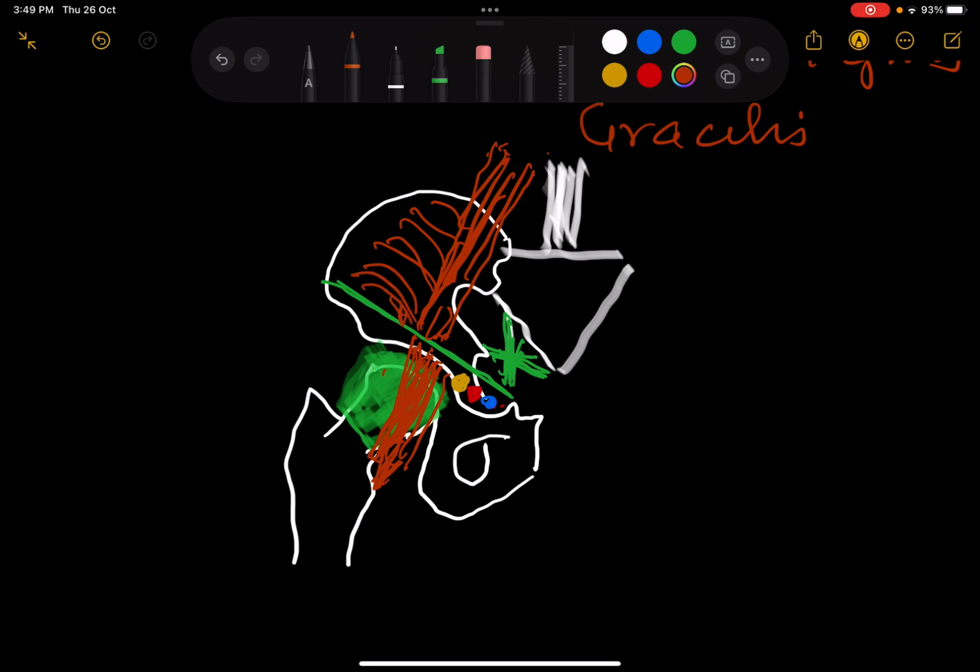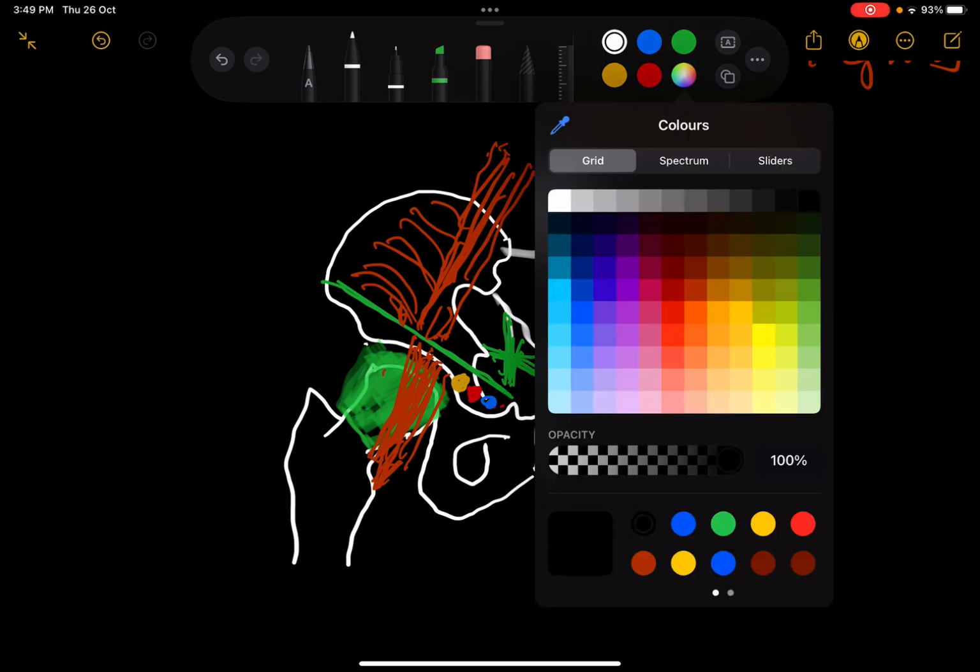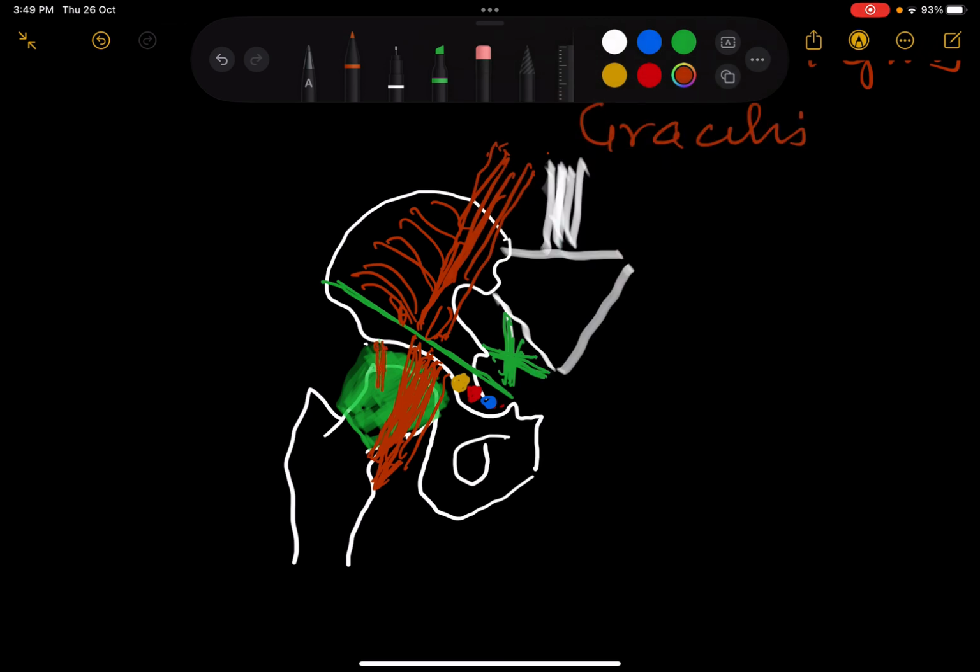And this psoas is supplemented by the iliacus. Then from the anterior inferior iliac spine, you have the straight head of the rectus femoris, and the iliofemoral ligament. The curved head of the rectus femoris comes from above the acetabulum. So here you have the rectus femoris muscle.